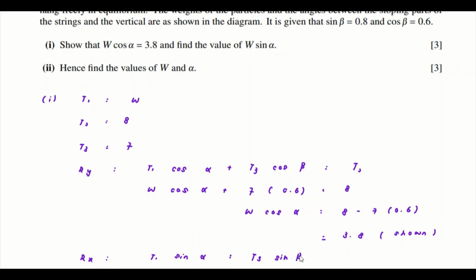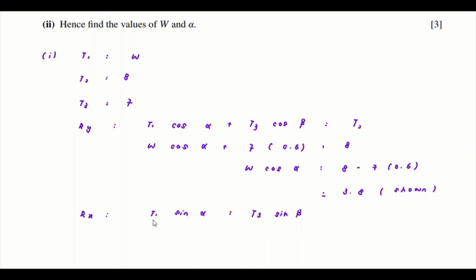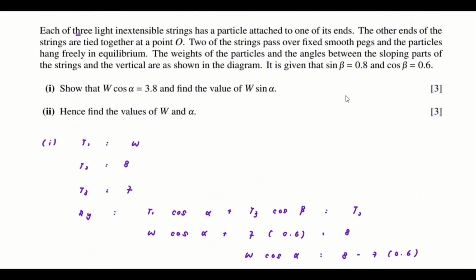In this question, same thing, we want to find W sine alpha. T1 is W, so W sine alpha will be equal to our T3, which is 7, times sine beta, which is given in this question as 0.8. From here, we get our answer: W sine alpha is equal to 5.6. Okay, so that's our answer.